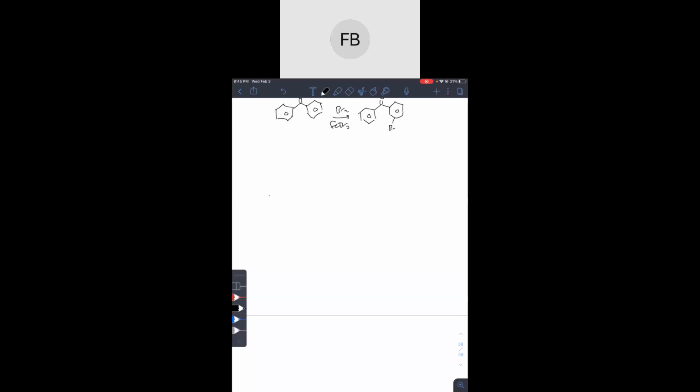So if I have, let's say, an MgBr, this is the same as this with a negative charge. So you can just cut that Mg off and imagine it with a negative charge. That's essentially what you're working with. This is the nucleophile, and this is the Grignard.